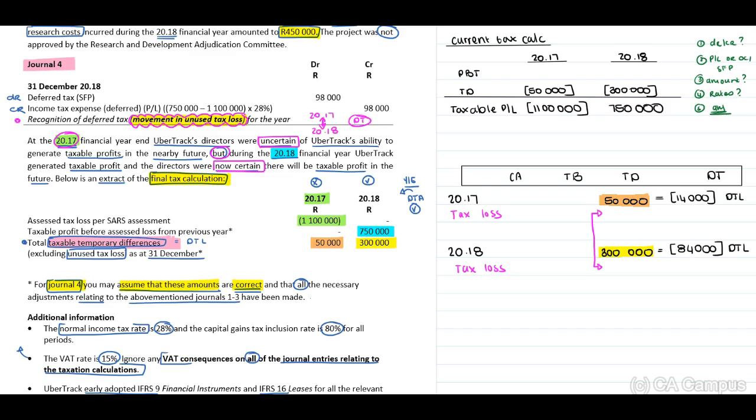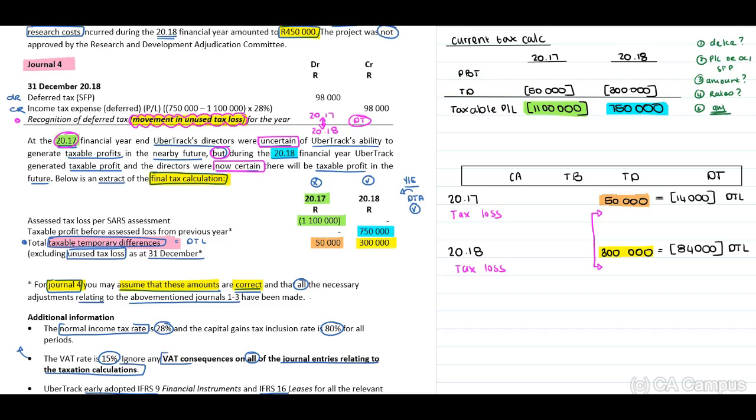Now, remember, in terms of IAS 12 paragraph 34, they may not recognize any deferred tax assets unless they are certain. Now, at the end of 20.17, they have recognized a taxable loss of 1.1 million. End of 20.18, a profit of 750,000.